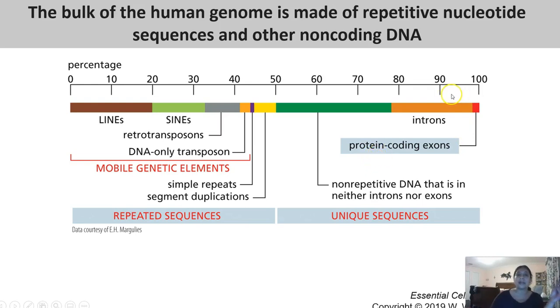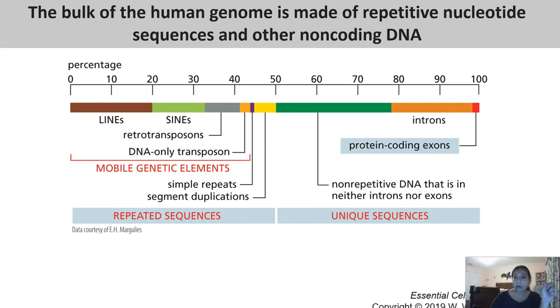Everything else is either introns or non-repetitive DNA that may have some regulatory function, or that's not part of the protein coding sequence for sure. And then simple repeats, transposons, retrotransposons, SINEs and LINEs. So there are a lot of different types of repetitive sequences present there.